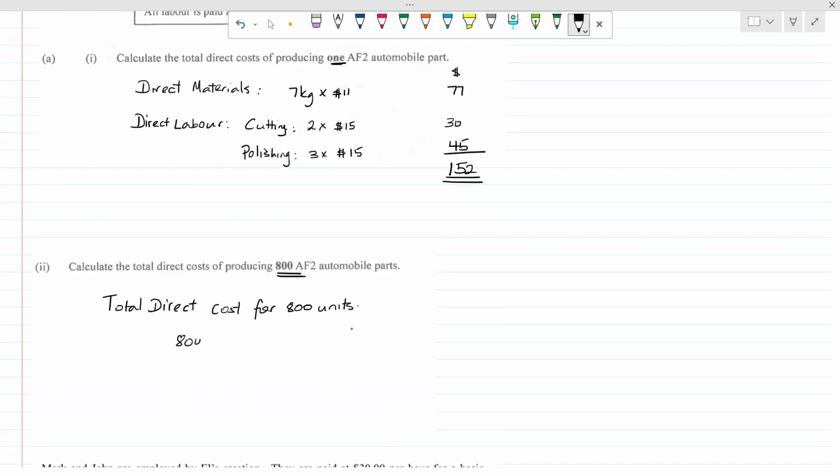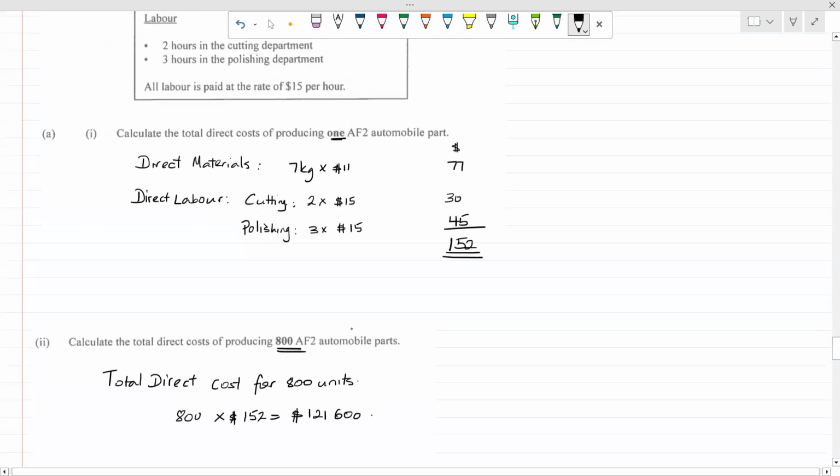The 800 multiplied by 152 is 121,600. That's it.